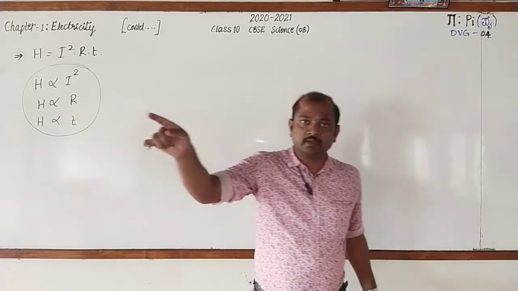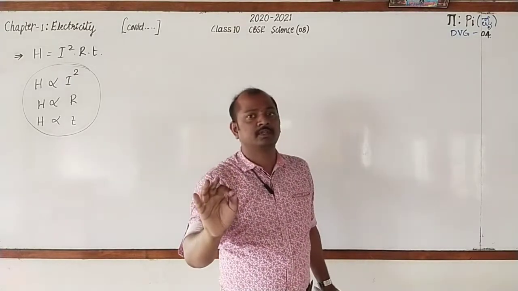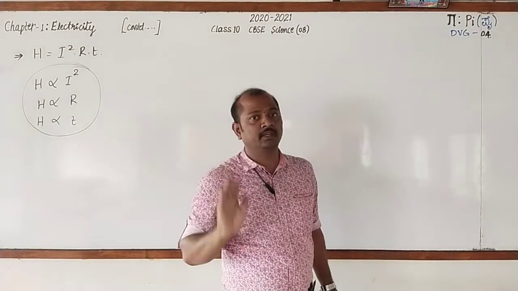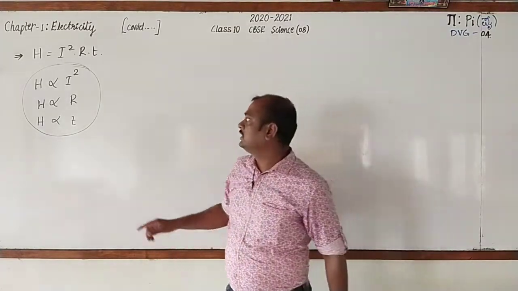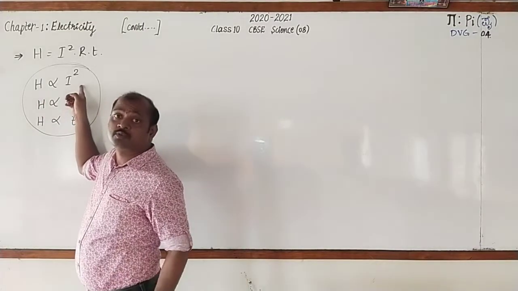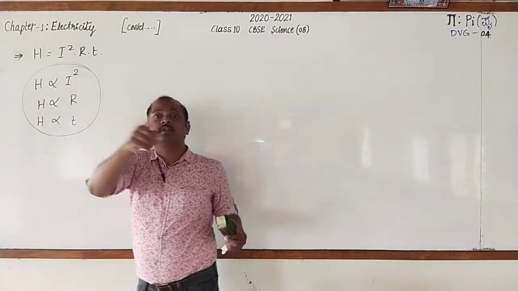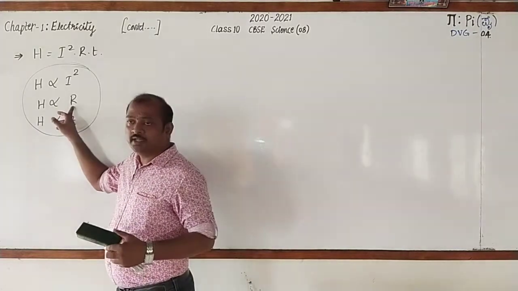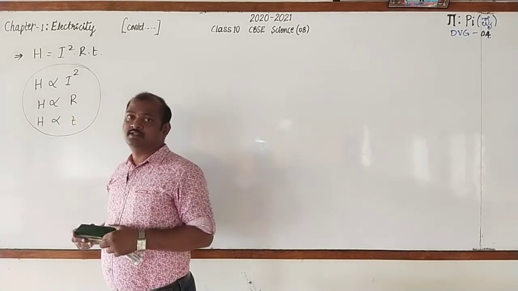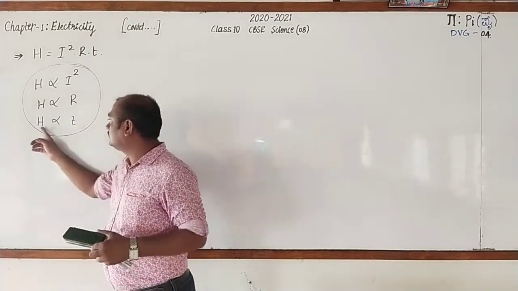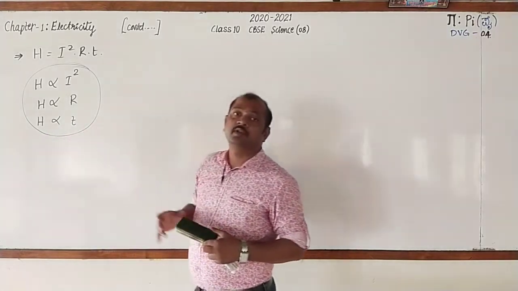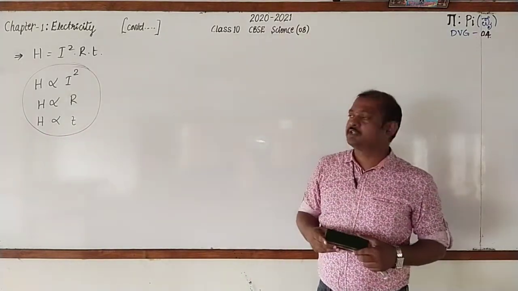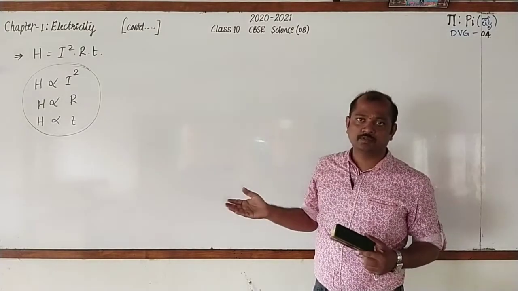When an electric current flows through the conductor, the heat is generated, and this heat energy is directly proportional to square of the current flowing in the resistor, directly proportional to resistance of the resistor, and another one, time for which electric current flows.